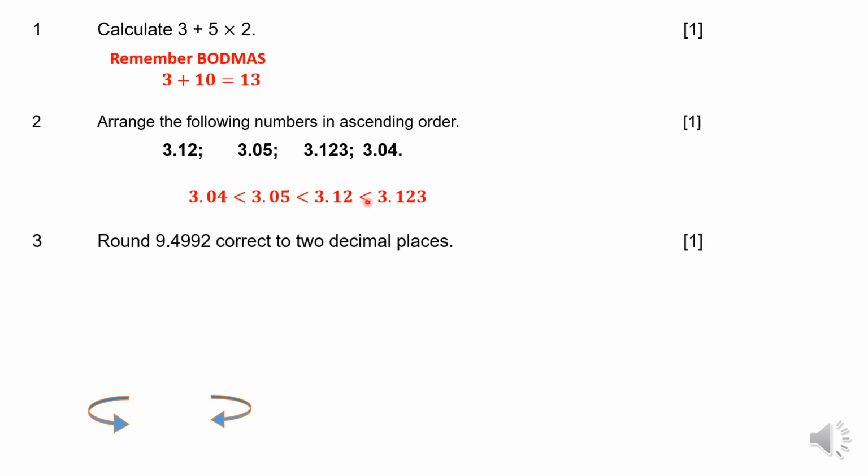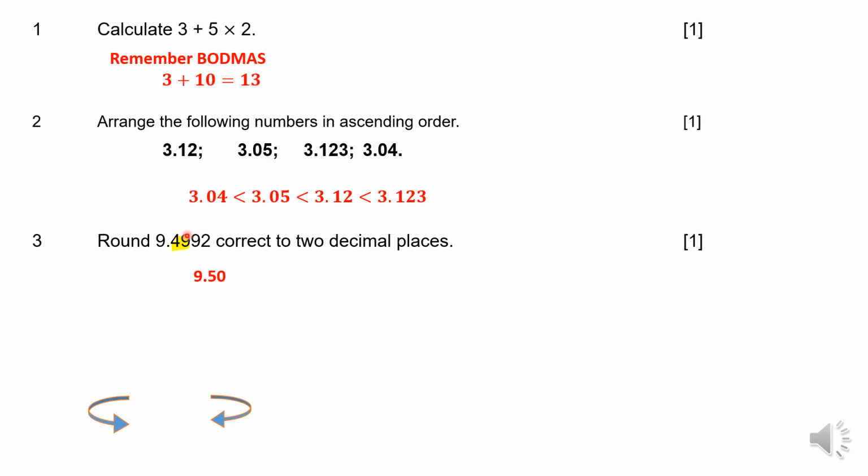Then you have question 3, you're supposed to round to 2 decimal places. Now, here's something I need to explain when we get to 2 decimal places. Your answer should have 2 decimal places when you are done with it. Even if it's a 0, there must be 2 decimal places, as you can see in the case here. So when you round to 2 decimal places, you look at the 3rd digit, in the 3rd decimal place.